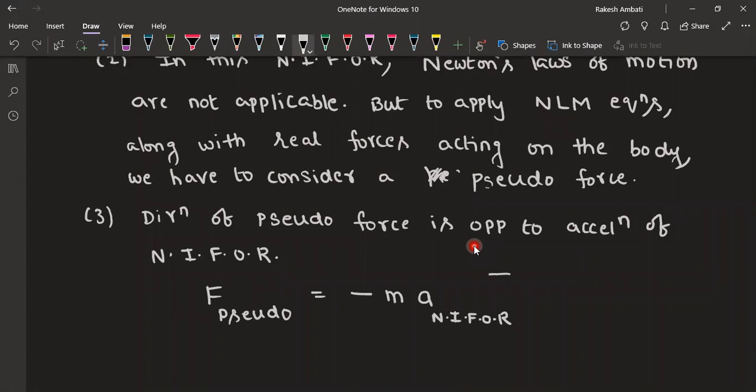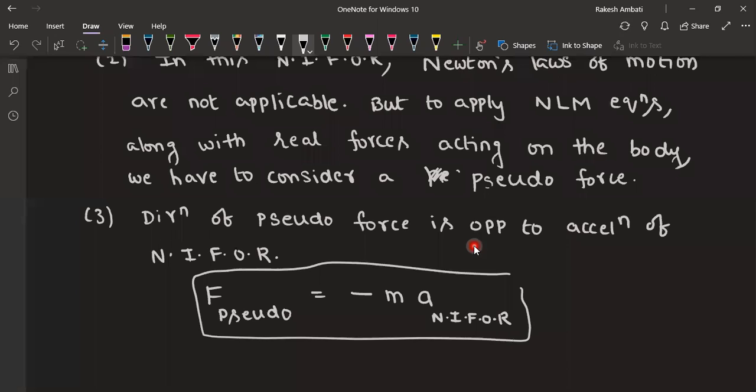This minus indicates direction. Which direction do we have to consider? The opposite direction. Now this is the formula to find the value of pseudo force. This minus indicates the pseudo force direction is opposite to the acceleration of the non-inertial frame.